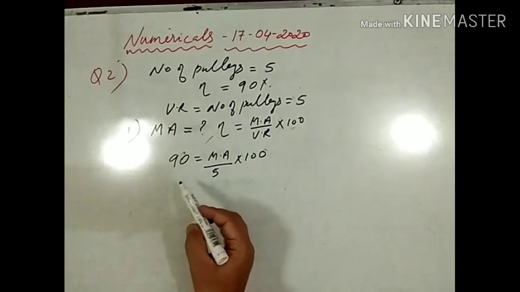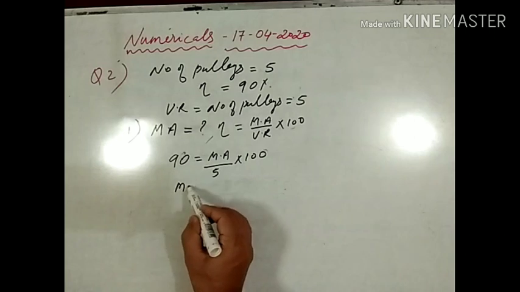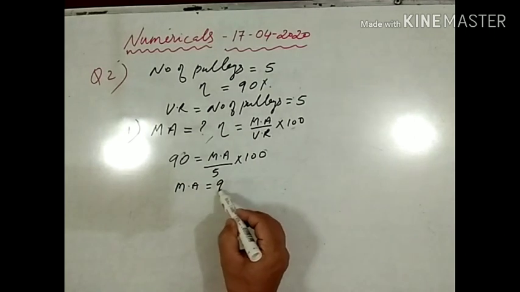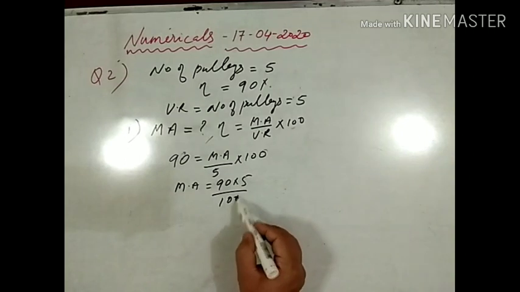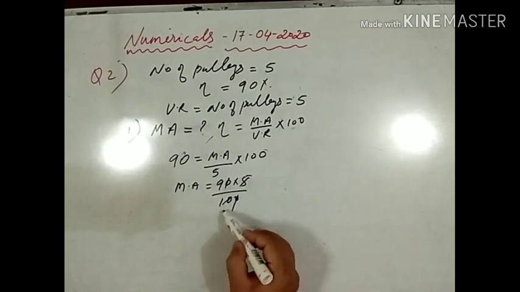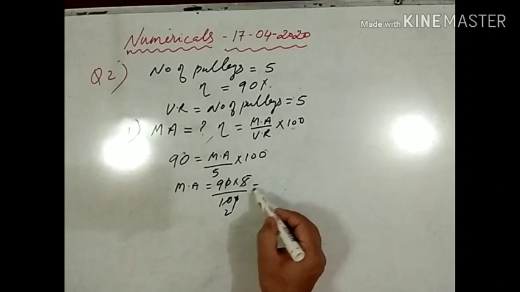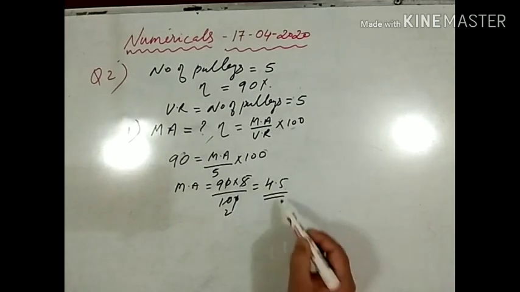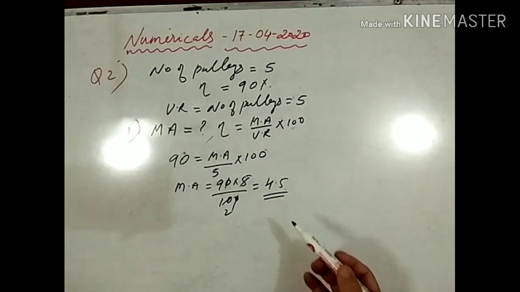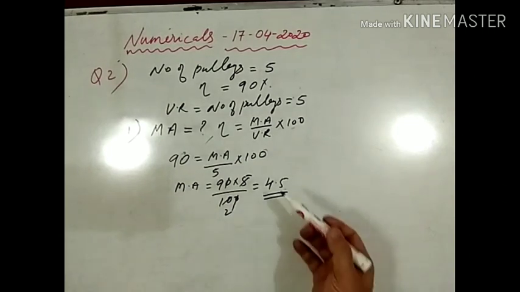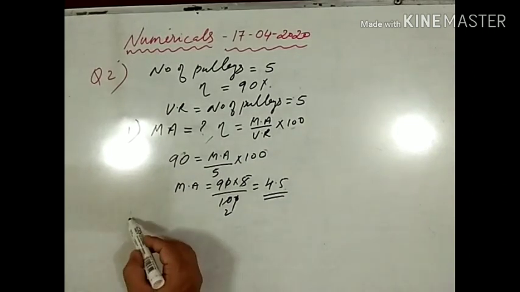Therefore, mechanical advantage is equal to 90 into 5 upon 100, that is 9 by 2, which is equal to 4.5. We are getting mechanical advantage as 4.5. It has no unit since it is a pure ratio.